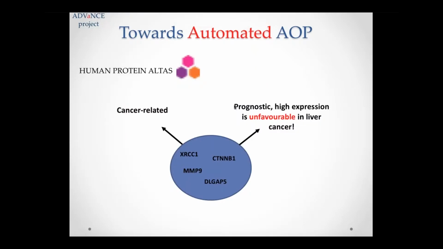We also went into Human Protein Atlas to check a bit more information on those 4 genes of interest. All of them are cited as cancer-related, and in terms of liver cancer, their high expression is most of the time unfavorable, which means that patients will more probably die faster.